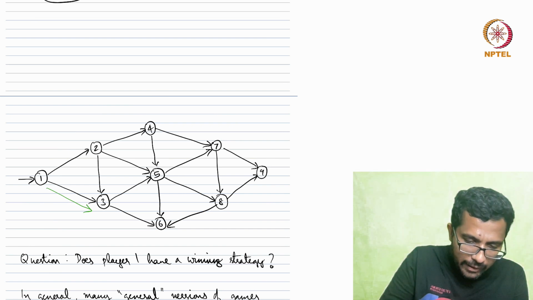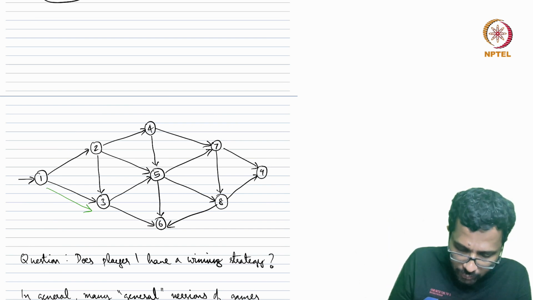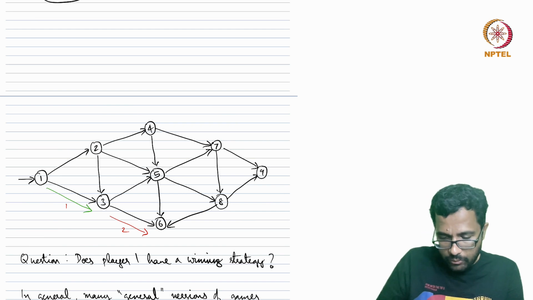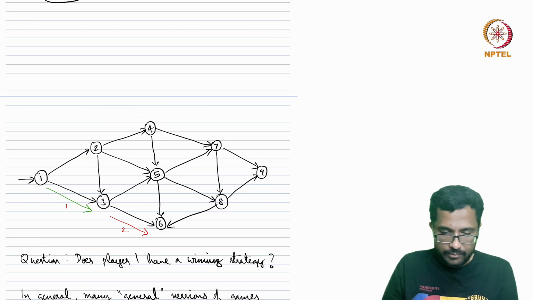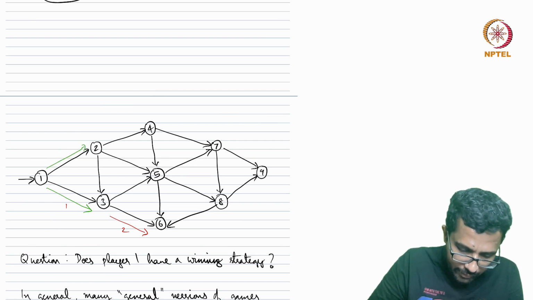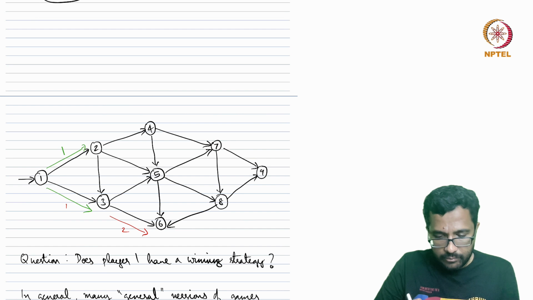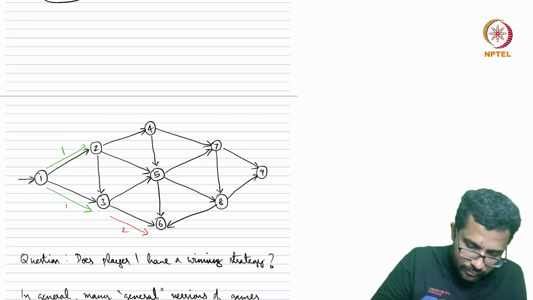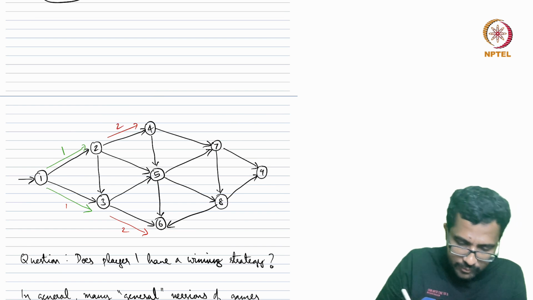Now player 2 can go to 6. So this is 1, this is 2. Player 2 can go to 6, and now player 1 cannot go, there is no outgoing arrow. If player 1 had taken this way, he went to 2. Now player 2 can go to 4.